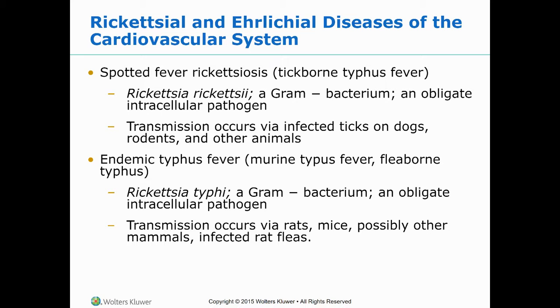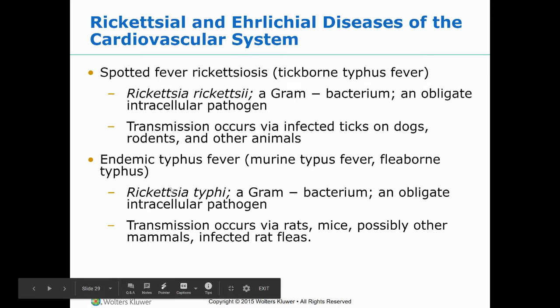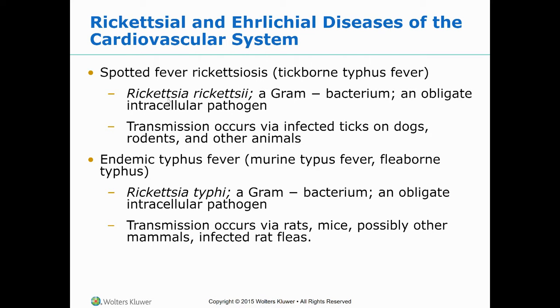Now, when we're talking about any type of cardiovascular one, and most of the ones that I'm talking about, like staph, can attack your cardiovascular system, but it's not quite as common. So the big one is going to be typhus fever, and that's going to be either spotted fever or endemic typhus fever. There are two different types of this, Rickettsia bacteria.